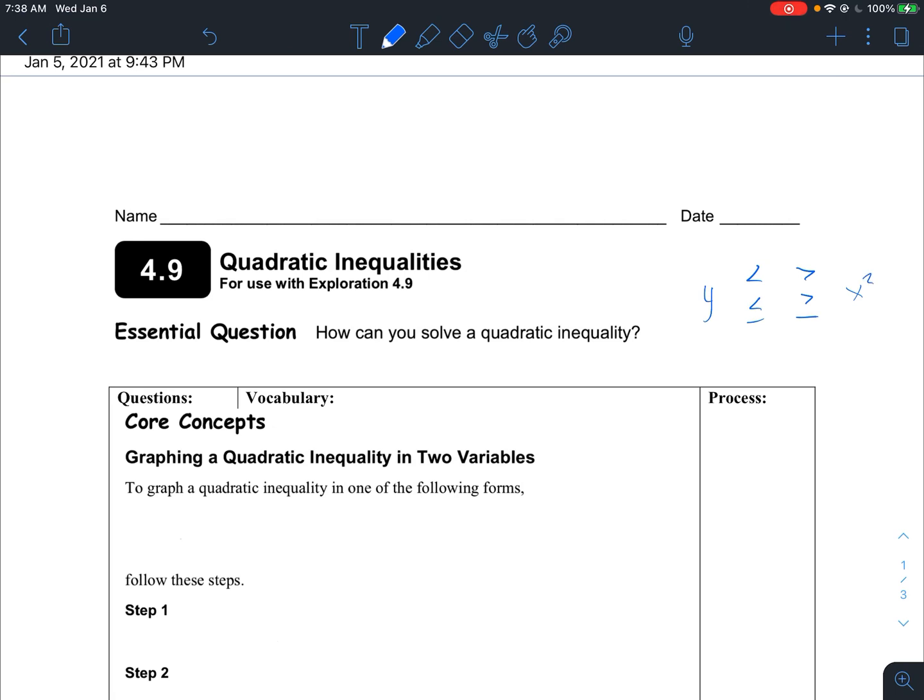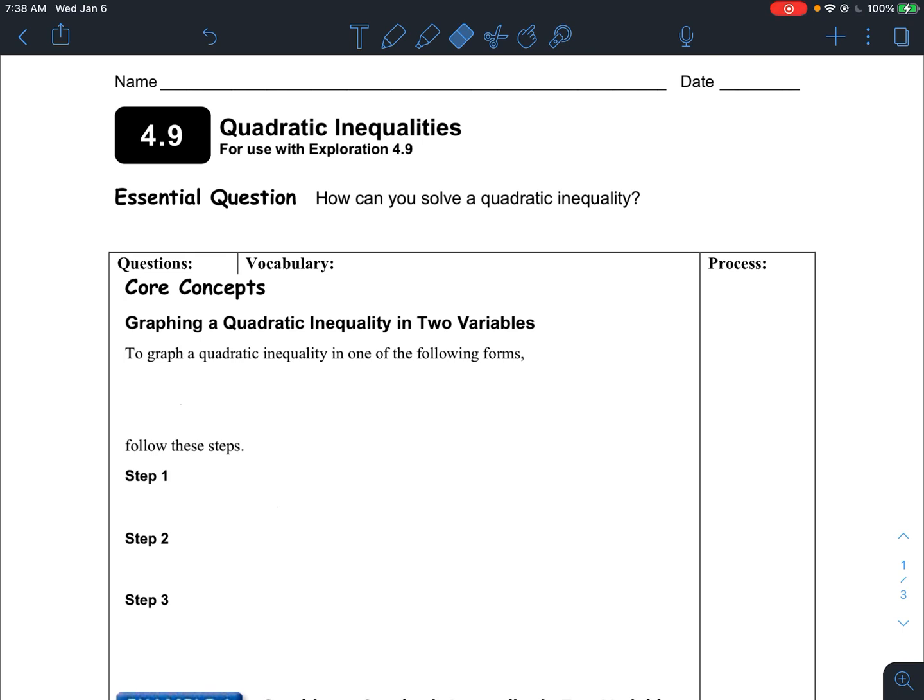And whenever you graph quadratics, remember that they are parabolas. So for quadratic inequalities, you're going to have one side or the other being shaded. And so that's what we know about inequalities, and that's what we're going to talk about today.